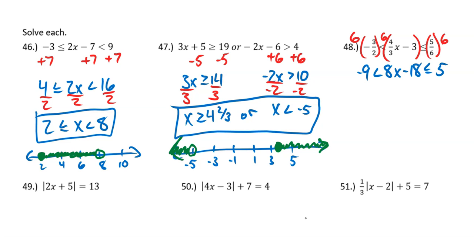And now I do the same thing that I've done previously. I do the same thing to all three sections. I add the 18. And again, that middle section kind of guides me as to what to do to solve for x. Over here, that's a 1 and 1/8.